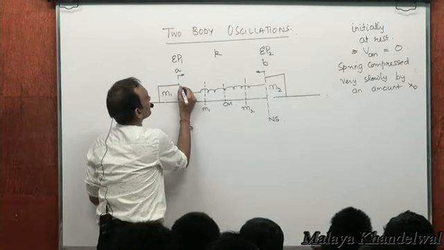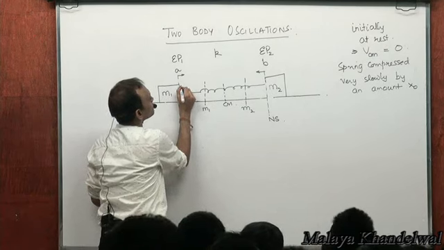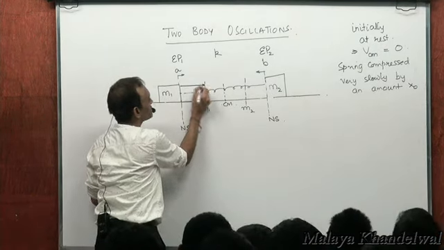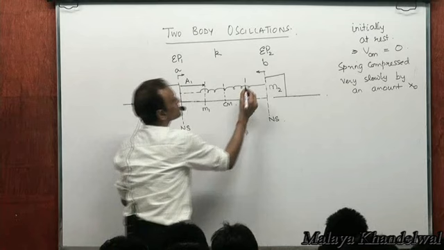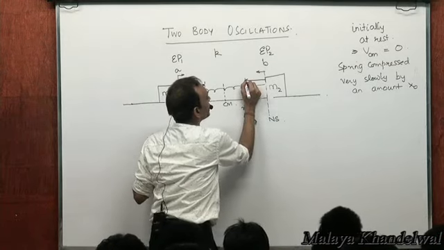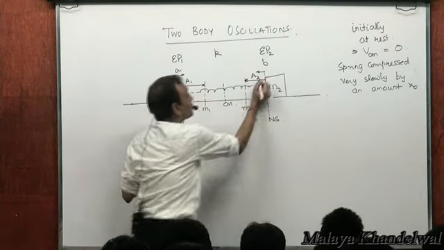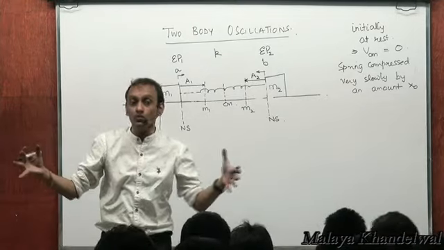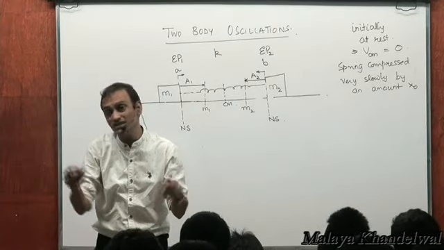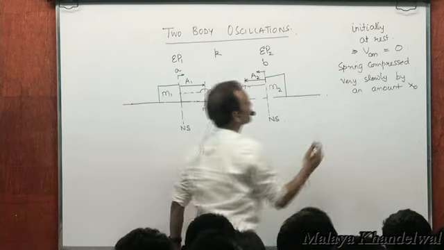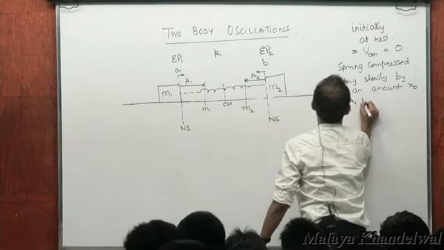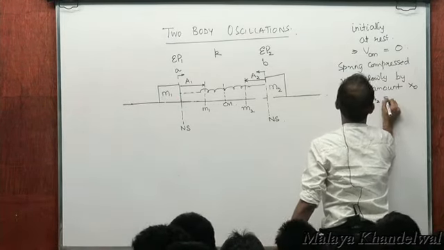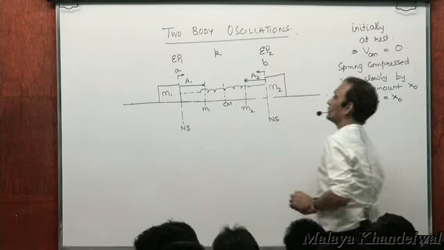Say M1 was compressed by an amount A1, say, and M2 was compressed by an amount A2. Therefore, A1 plus A2 is the total compression in the spring, which was x naught.